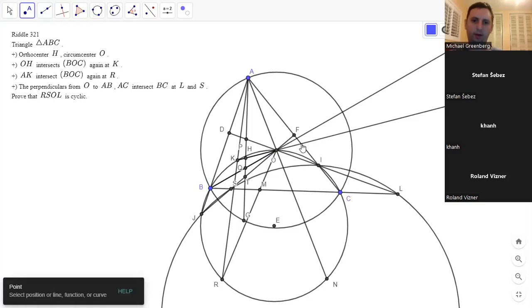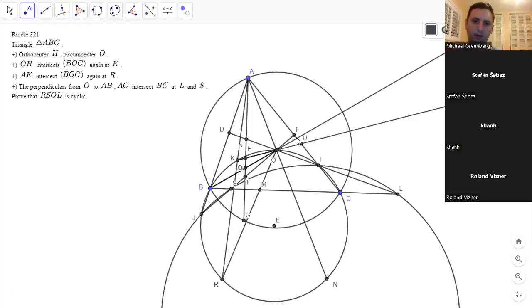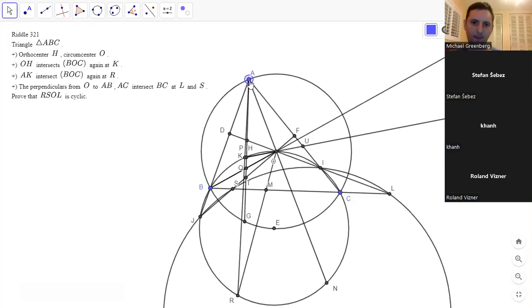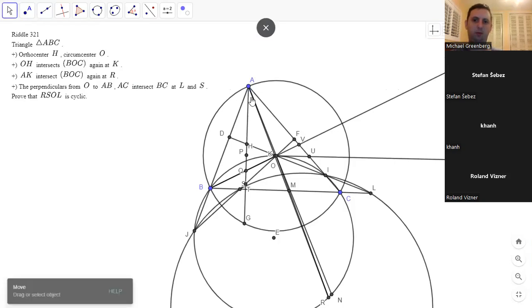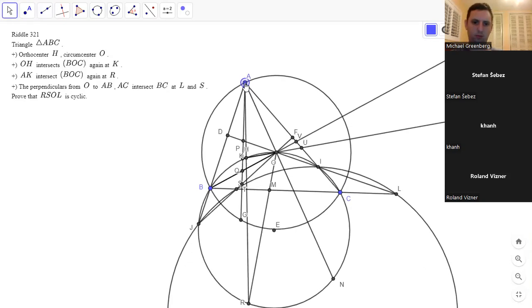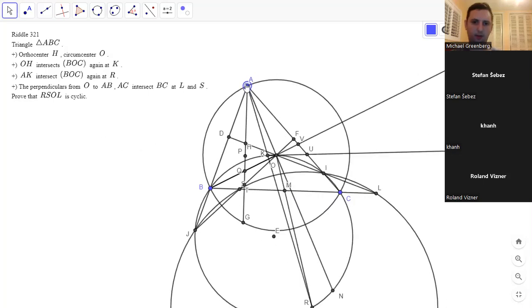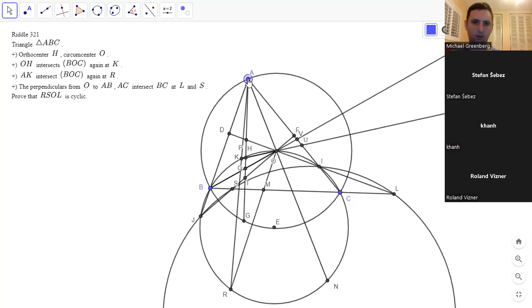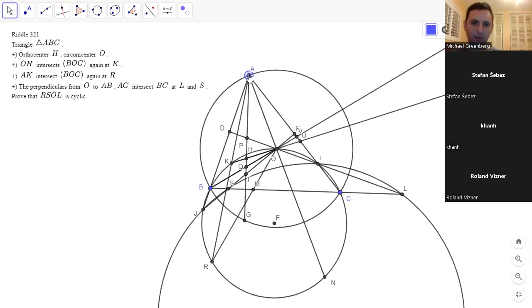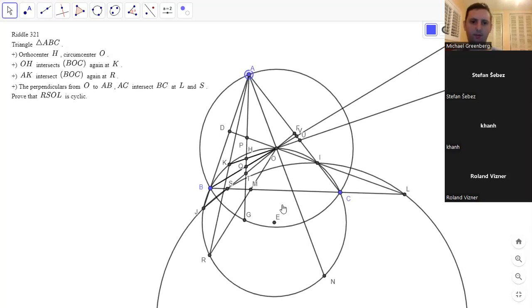So we want to see where the Euler line intersects the side, and we want to see where BO intersects the side. There we go. Let me try to make it look a little nicer. It's hard to make a great diagram, but I think that looks good.